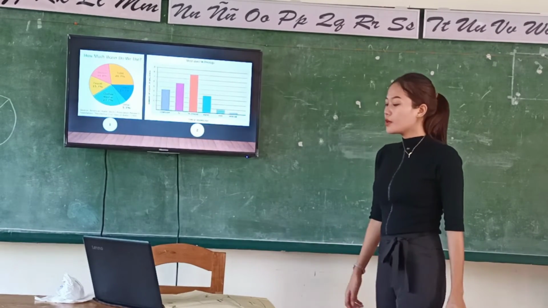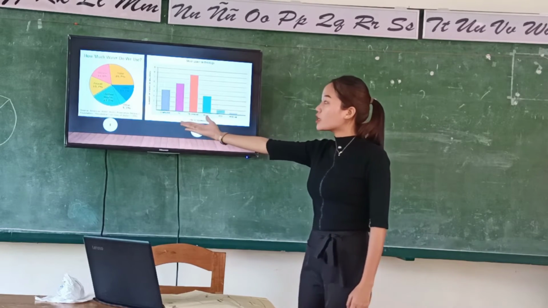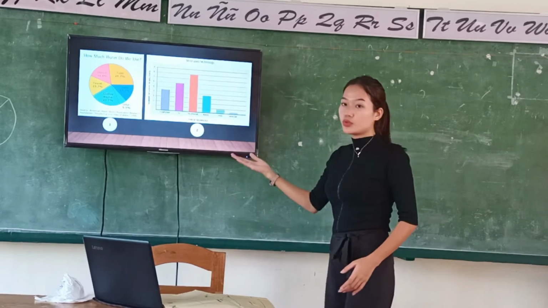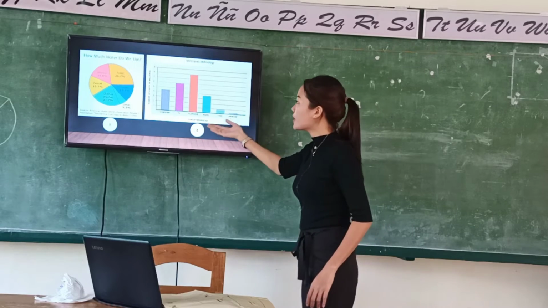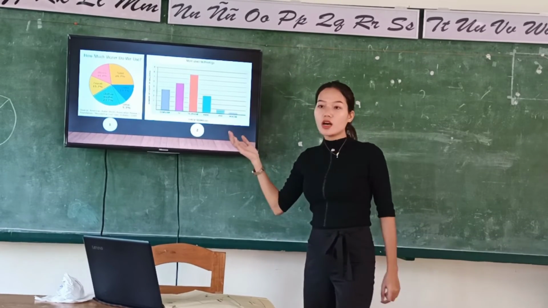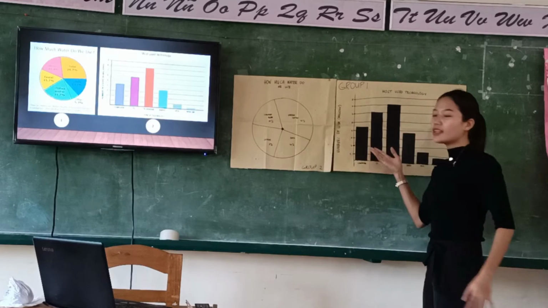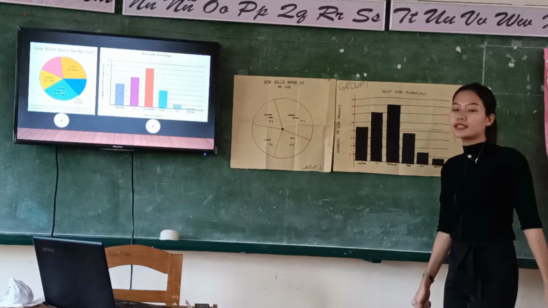Okay. From here, we can clearly see that the pie was all about how much water do we use. Okay? And the bar graph here is the most used technology. Right? Group 2 and the group 1 here has their bar graph and their pie charts.